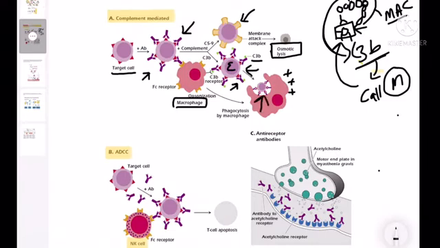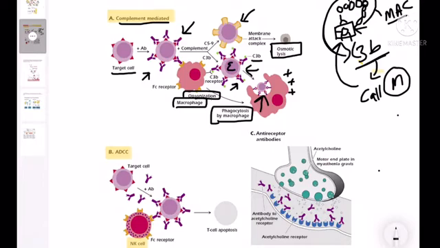You can see here, there will be phagocytosis by the macrophage, and this is called opsonization. So number first is because of complement system activation.